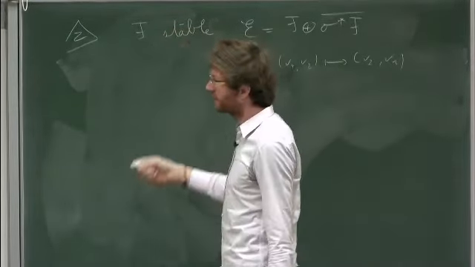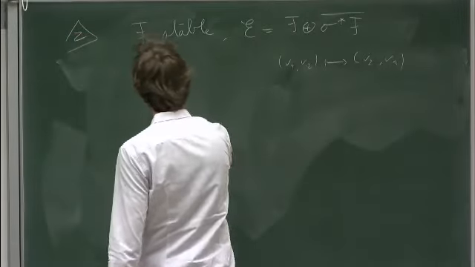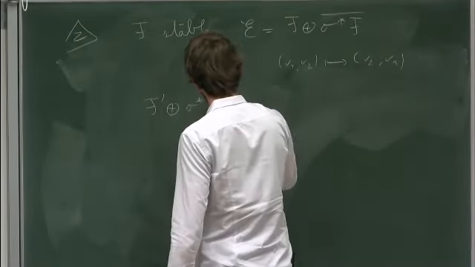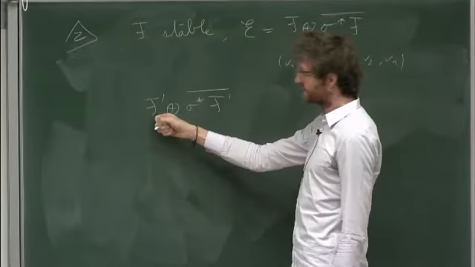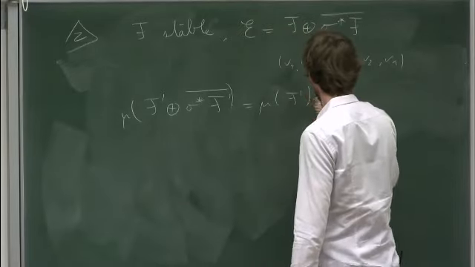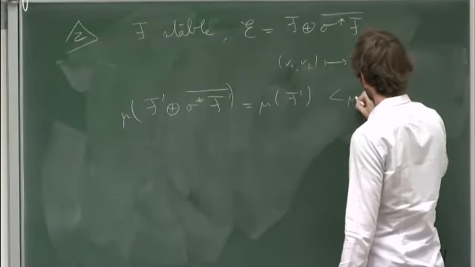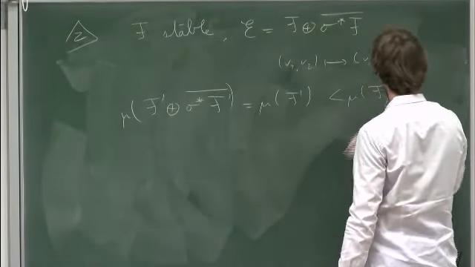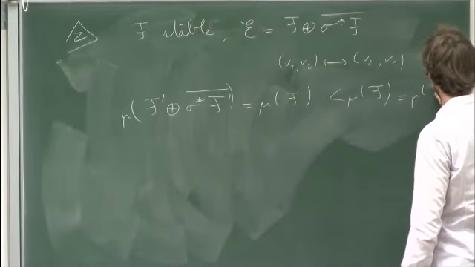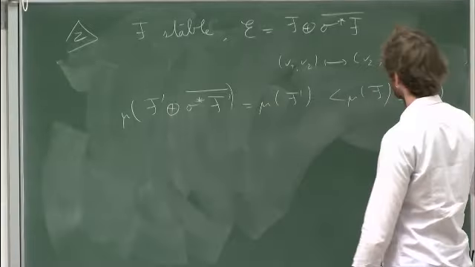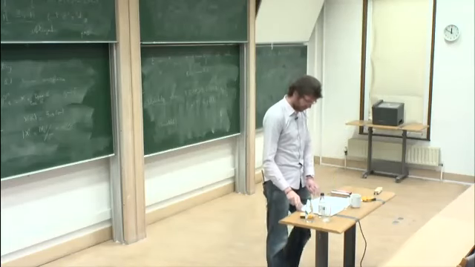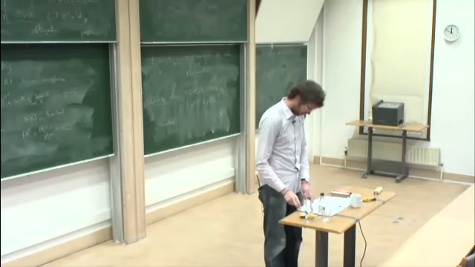But it is stable as a real bundle because a subbundle is of this form, and this has the same slope as F prime, and by the stability assumption on F, this is strictly smaller than the slope of F, which is equal to the slope of E. Okay, so a stable real bundle is not necessarily stable as a holomorphic bundle.